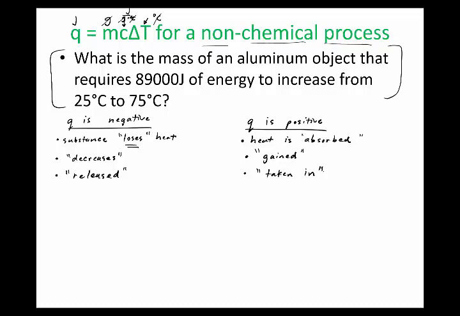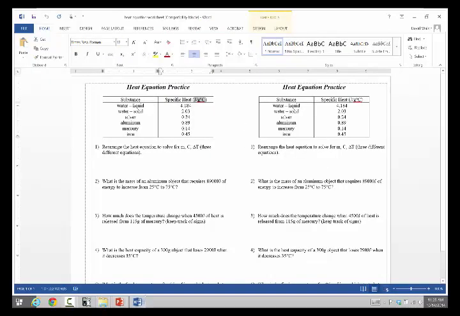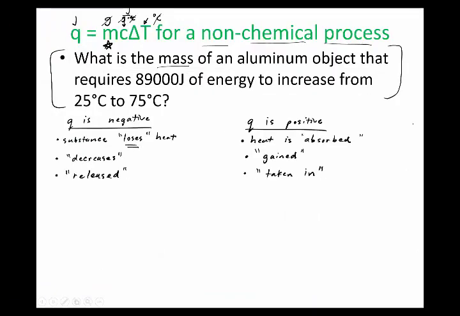So on this problem, we have: what is the mass? So we're solving for M, of an aluminum object that requires 89,000 joules of energy to increase from 25 to 75 Celsius. I need to look up the specific heat of aluminum, which is 0.89 for this problem.